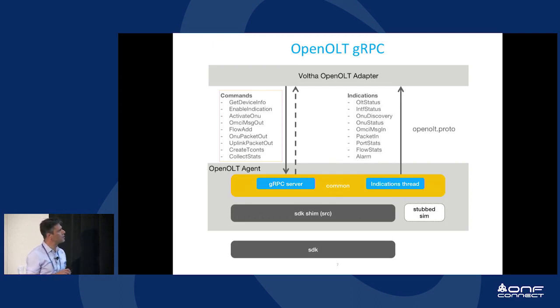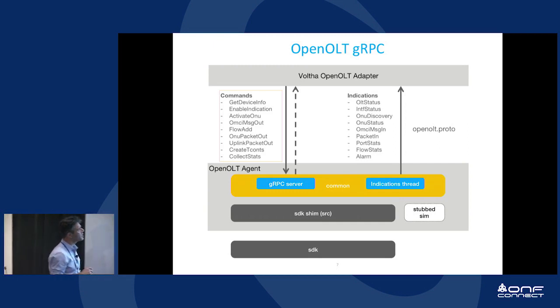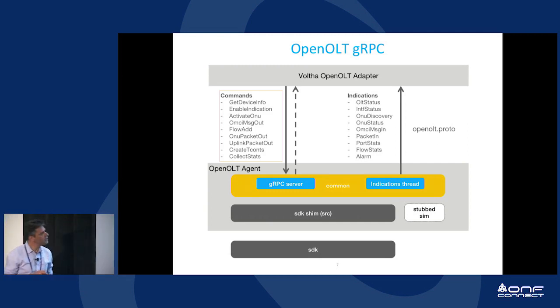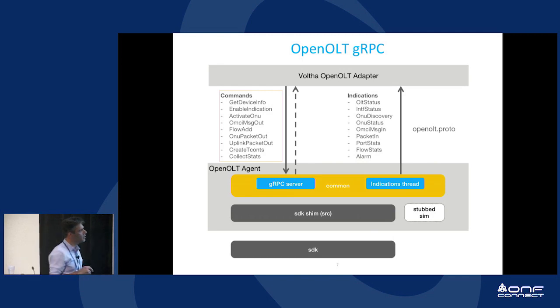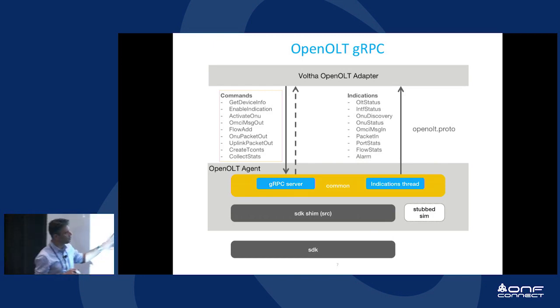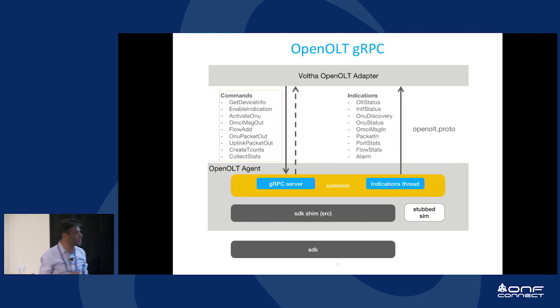On the device side, what we have is a C++ gRPC common layer that implements the gRPC interface. Right now, it links with a shim for the Broadcom SDK, the BAL SDK. We have written a shim layer that translates the gRPC to the Broadcom SDK.